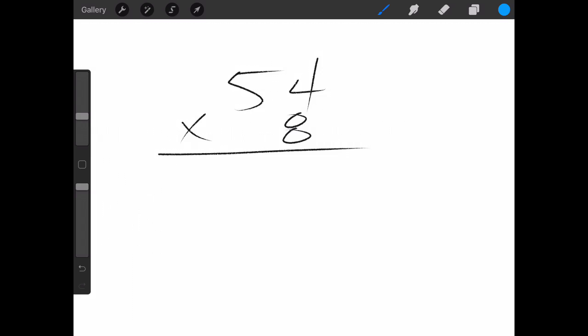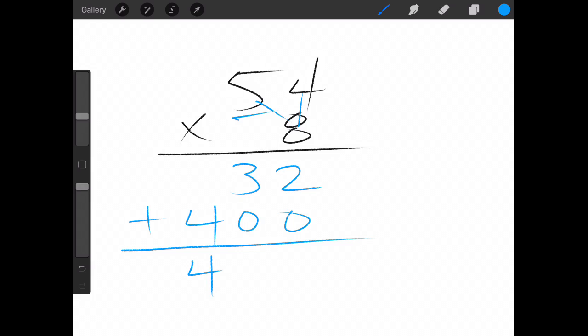So we're going to multiply each digit individually. 8 times 4 is going to give me a partial product of 32. And 8 times 50, remember that's in the tens place, is going to give me a partial product of 400 because 8 times 5 is 40. I add my partial products and I get my final product of 432.